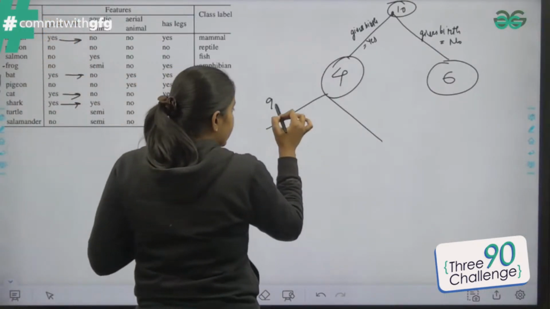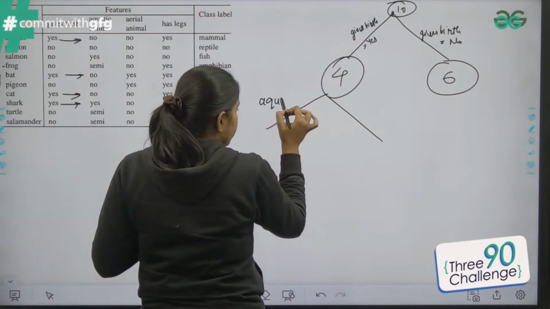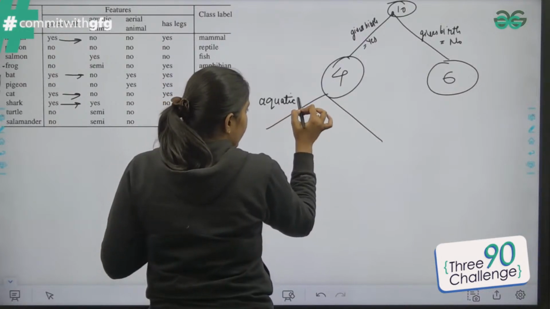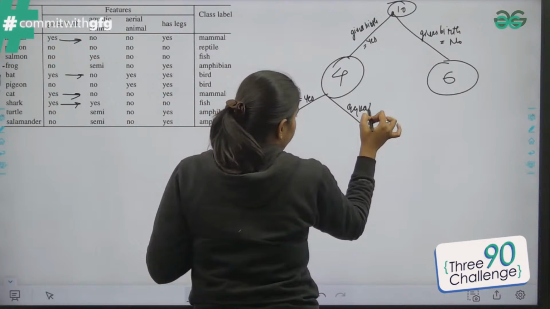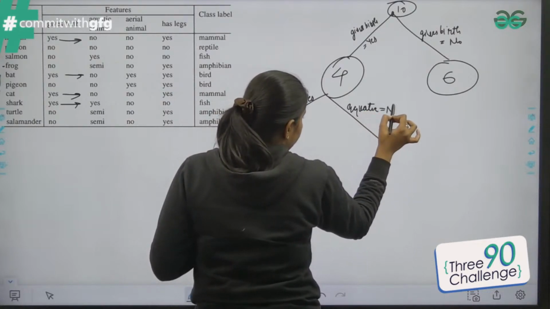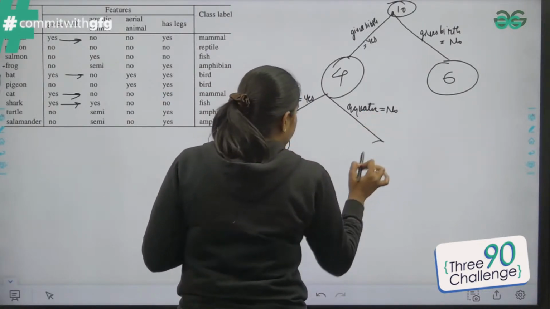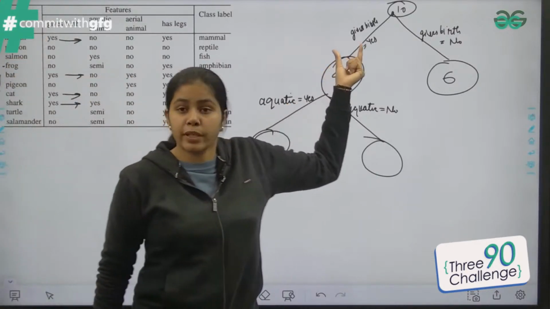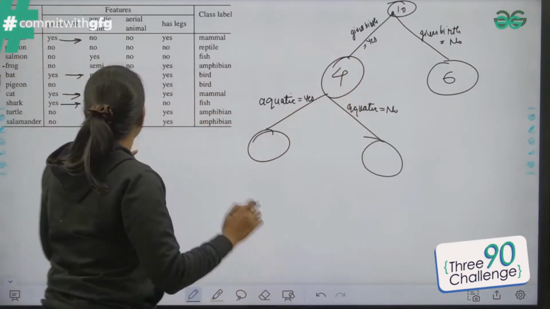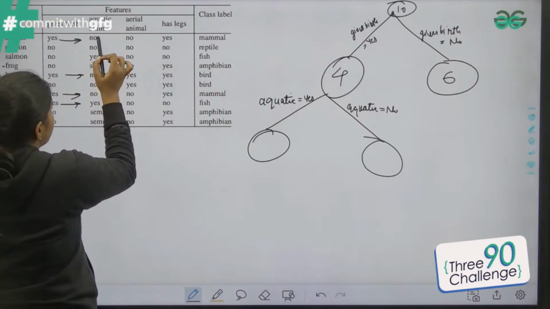Aquatic yes and aquatic no. Let's see how many are aquatic. Now we have to consider only gives birth equals yes, so I have to consider only these rows.